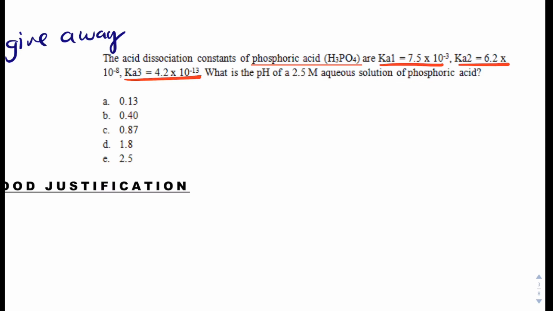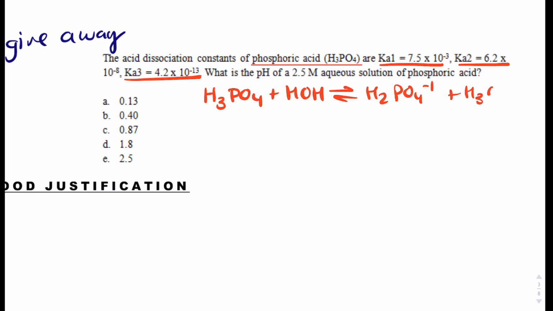Now, when you see a question like this where it gives you H3PO4, Ka1, Ka2, Ka3, and you want to know the pH, all you're going to do is worry about the first one to pluck off. So H3PO4 plus HOH gives you H2PO4 minus 1 plus H3O plus 1.